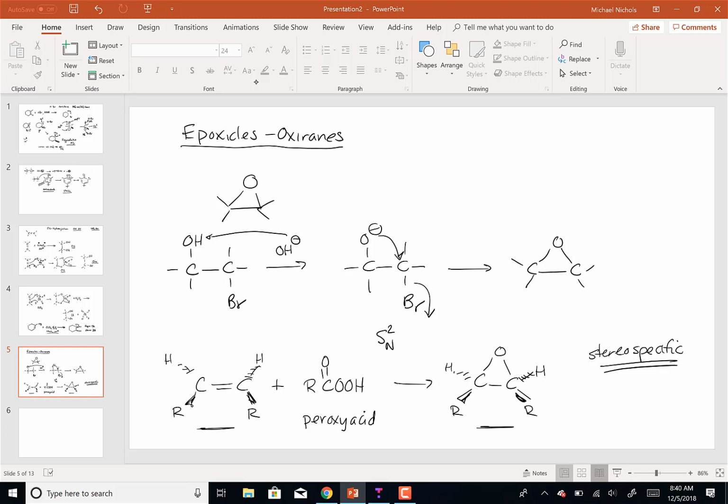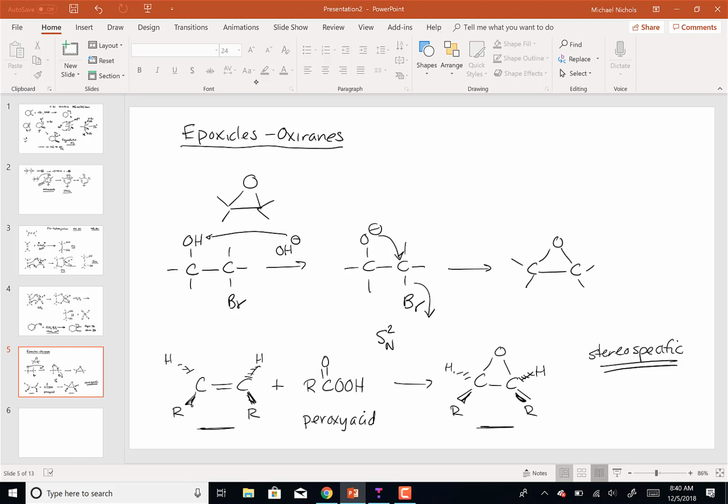So this reaction is one that is stereospecific. So what does stereospecific mean? Well, here's what it doesn't mean. With stereoselective and regioselective, our focus was on the products, right? Did we make more than one product? What was the relationship with those products? Did I choose one of those products?